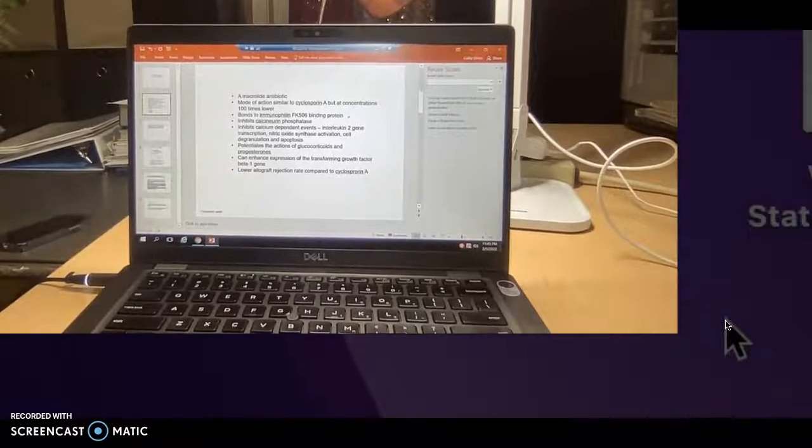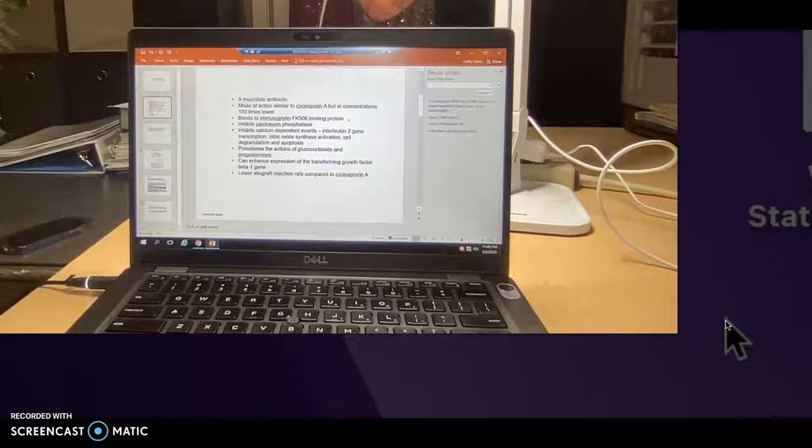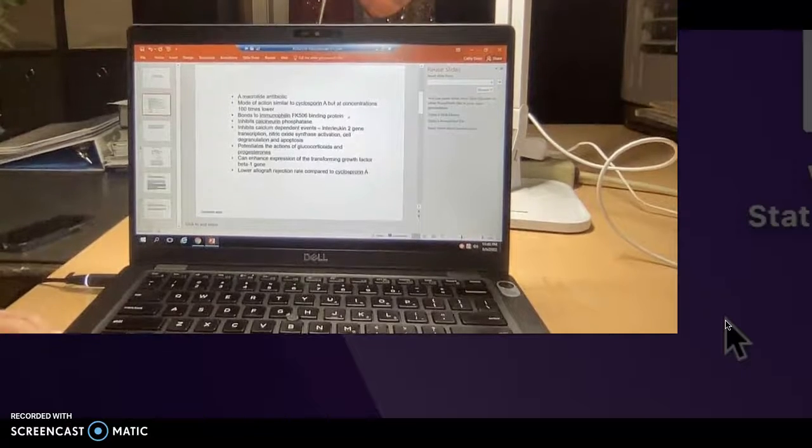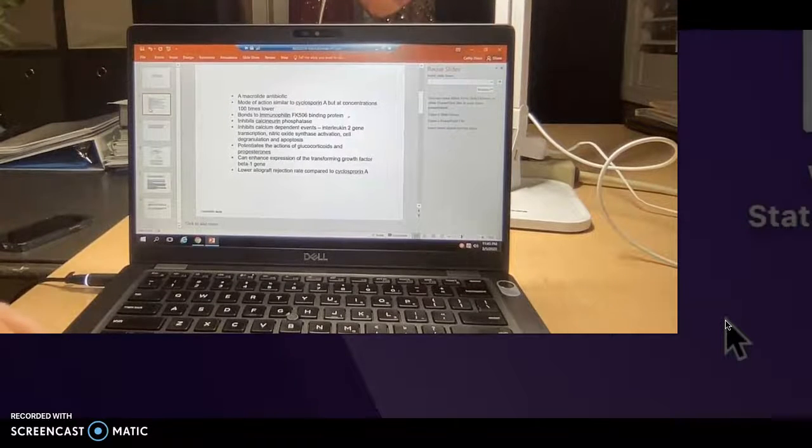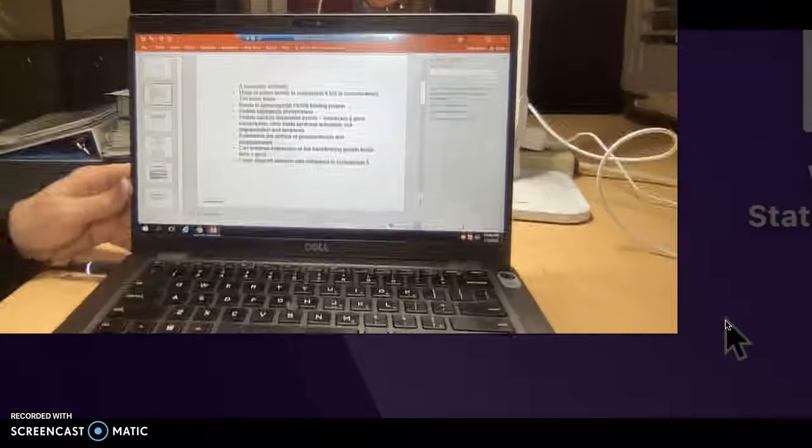The way it works is that it inhibits calcineurin phosphatase, and so that affects the calcium-dependent events like interleukin-2 gene transcription, nitric oxide synthase activation, cell degranulation, and apoptosis. It potentiates the action of glucocorticoids and progesterone. It can enhance the expression of the transforming growth factor beta-1 gene, and it does have a lower allograft rejection rate compared to cyclosporine A.